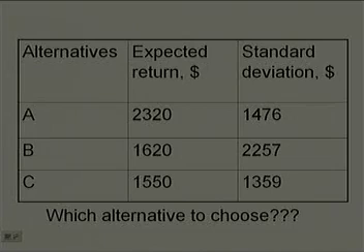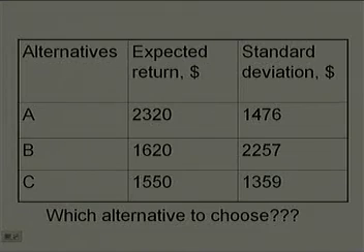What you find, alternative A has higher expected return as well as a low value of standard deviation when compared to alternative B.